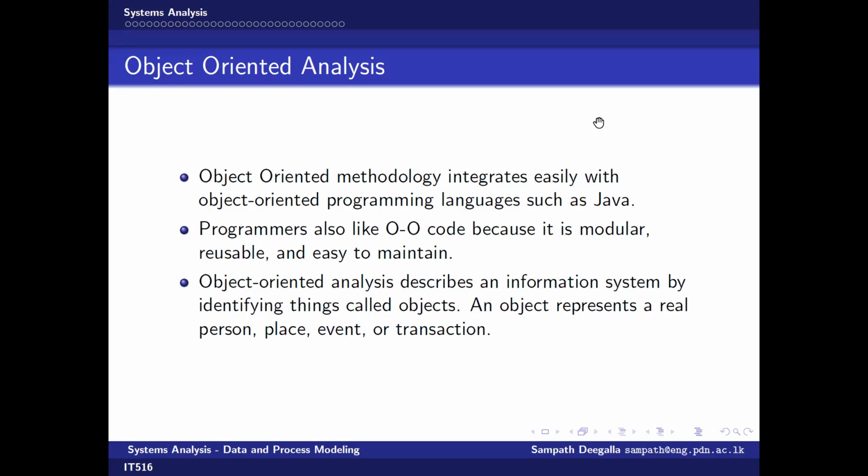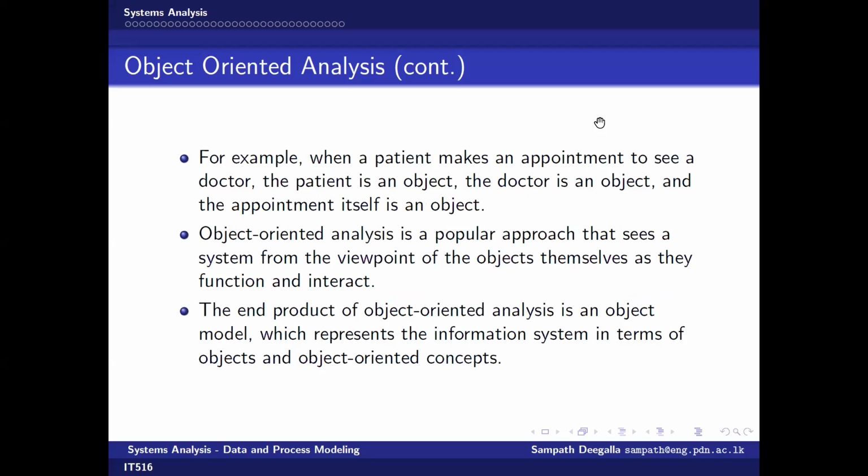We'll try to find objects within the information systems, and that could be a person, place, event, or transaction. For example, when somebody makes an appointment to see a doctor, the person will be a patient, and the patient will be an object, and the doctor is also an object, and when you take the appointment, that itself will be an object. So this is a popular approach.